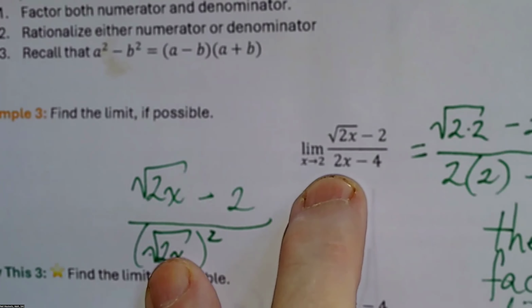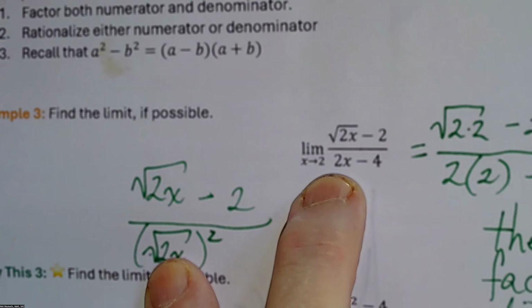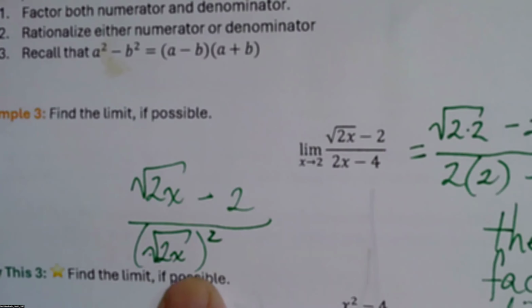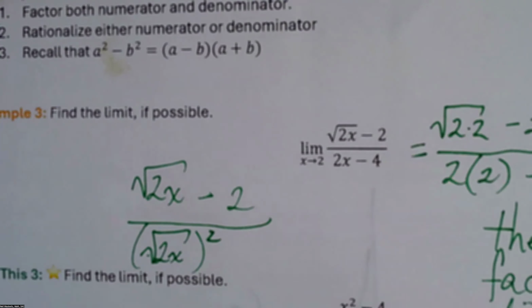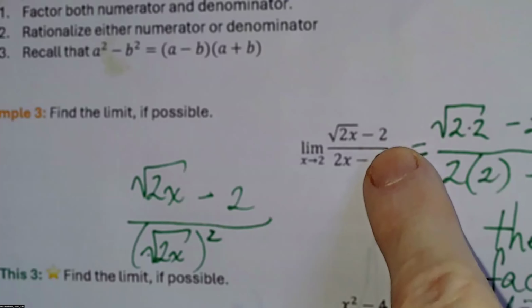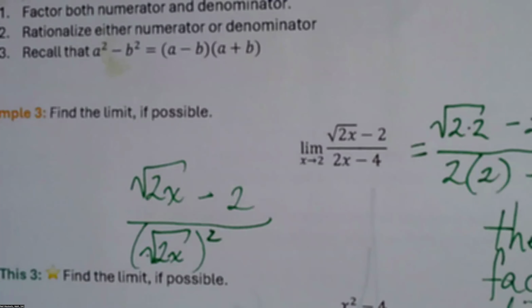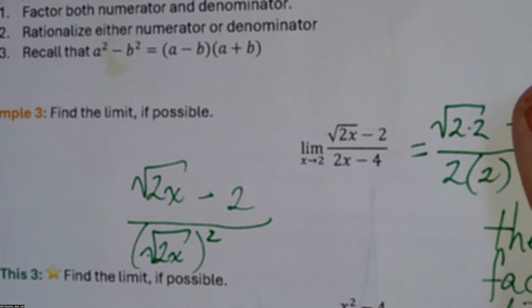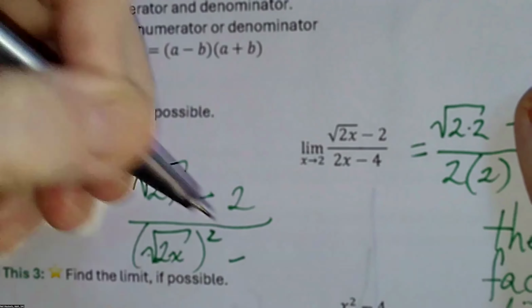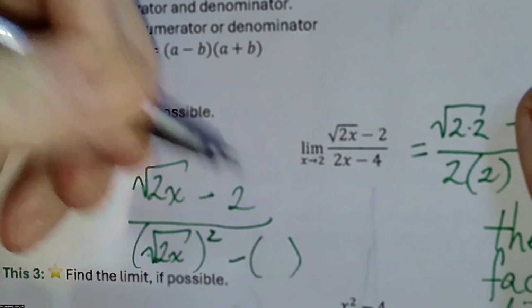Are these the same? Yes. Is the square root of 2x? Okay, good. And how are 2 and 4 related? Factor of 2. Good.